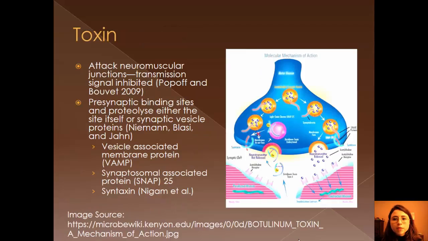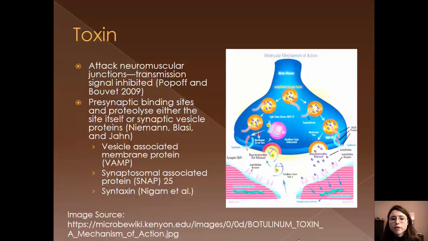So the mechanistic pathway of this toxin: it attacks the neuromuscular junctions. It inhibits the transmission signal acetylcholine from being exocytosed from the motor neuron across the synapse to the receptors on the myosin filaments on the muscle tissue. The toxin itself will proteolyze 3 of the proteins involved in this pathway.